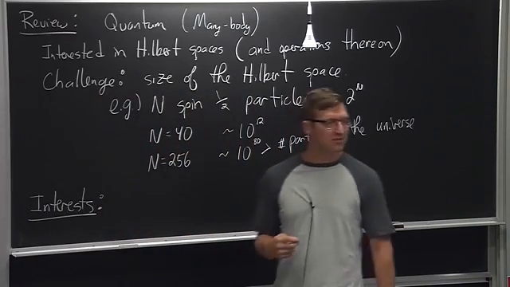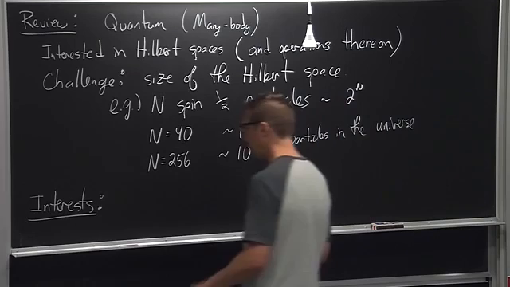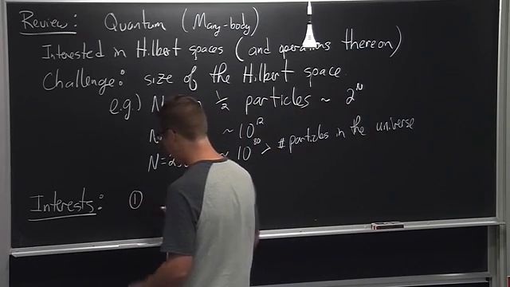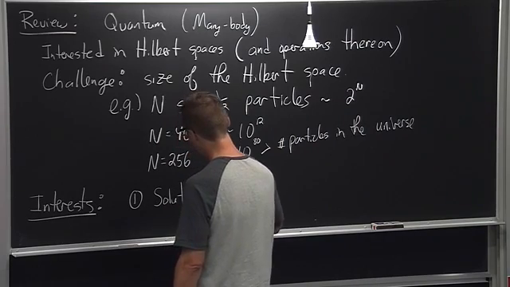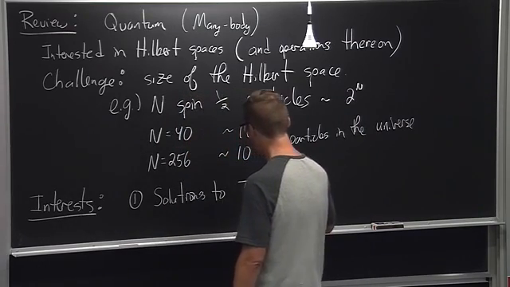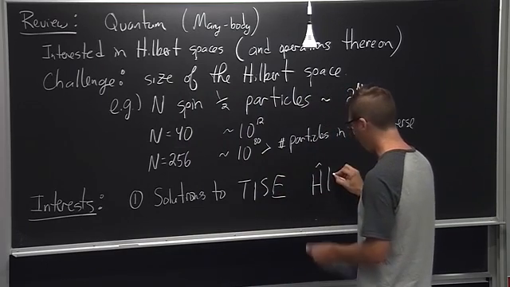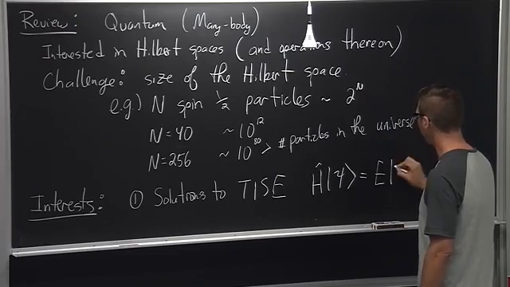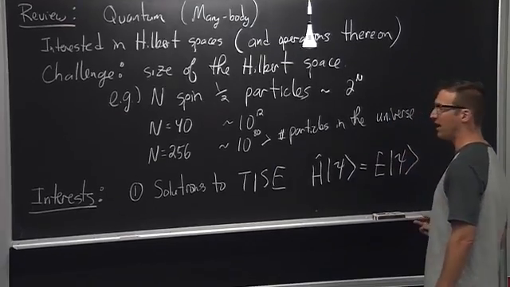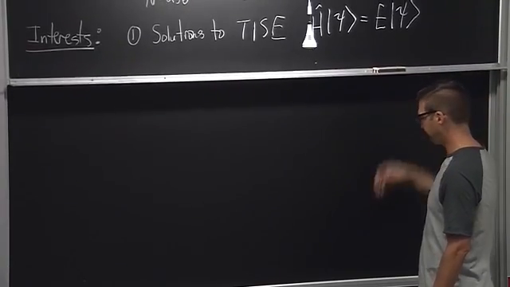So in this class, we're interested in thermodynamic properties. Those stem essentially from solutions to the time independent Schrodinger equation, which is H operating on some wave function, giving back the energy eigenvalues of that wave function.